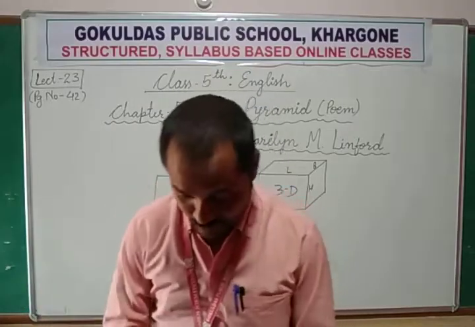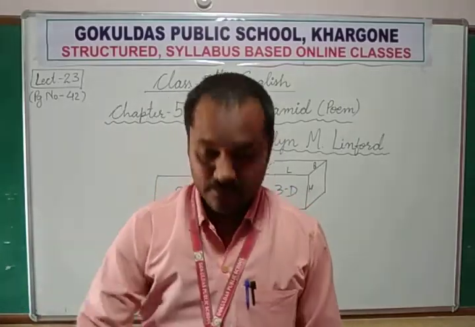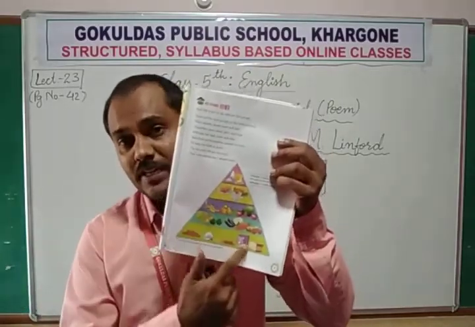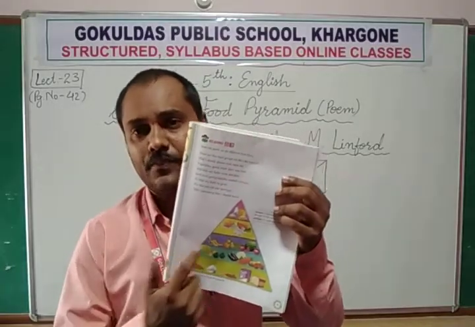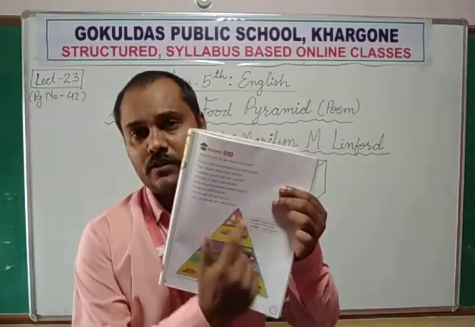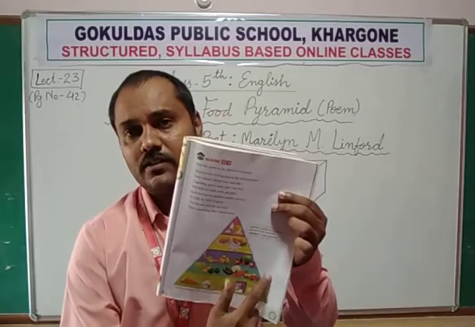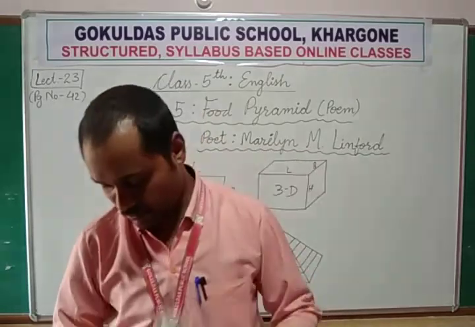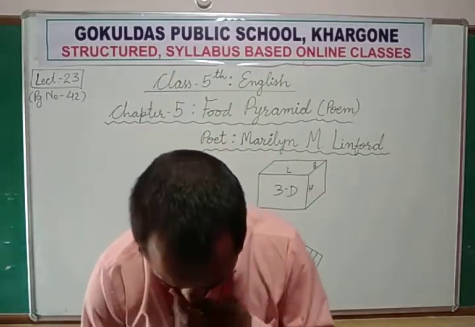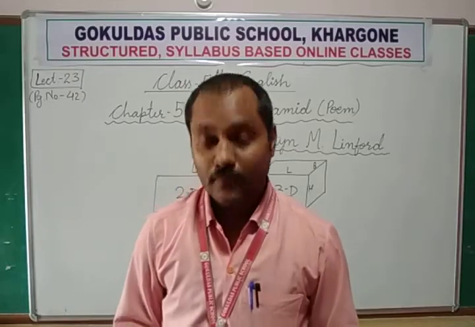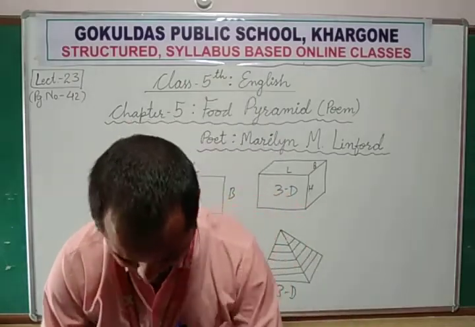Now what we are going to learn in this poem, though it is given in triangular shape, but we have one more side also here. So that will form the structure of a pyramid.